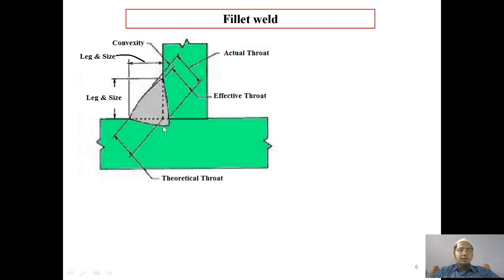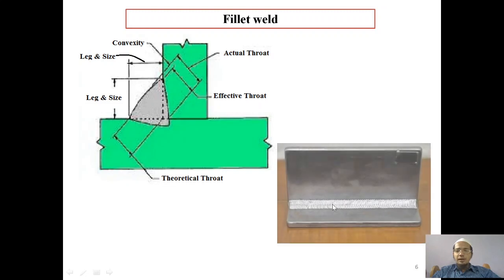Theoretically, the throat thickness is taken from the root to the toe, measured perpendicularly. And if we see practically how the flat weld will look, it will look like this. There are two vertical faces joined here at the junction by means of flat weld, and this is the concave flat weld.